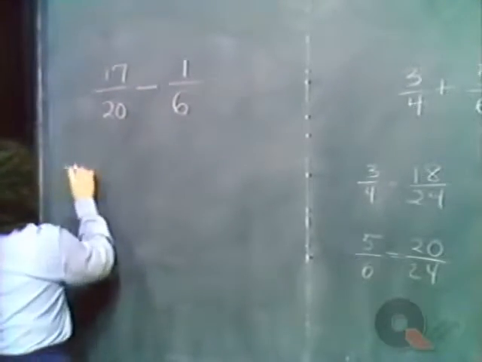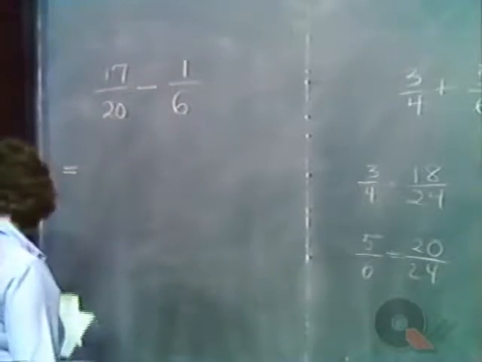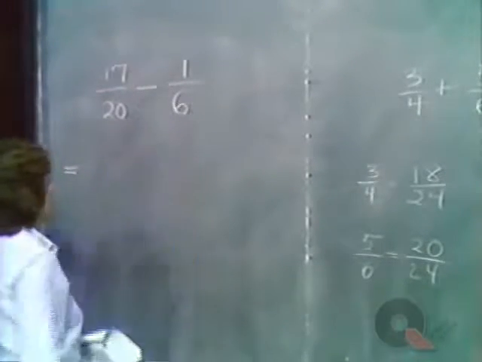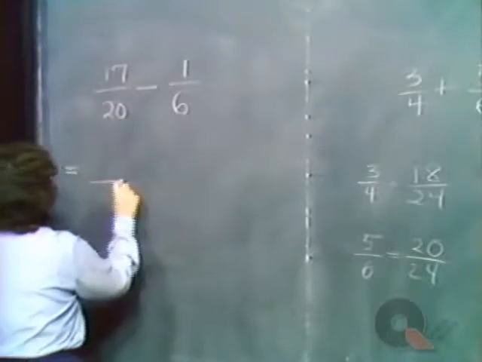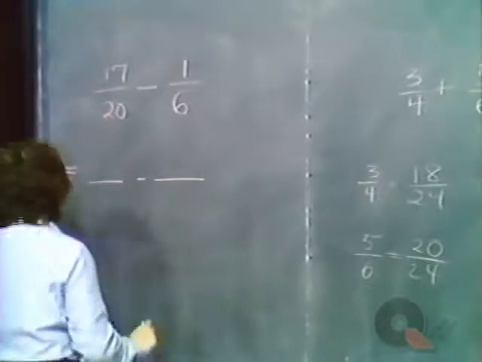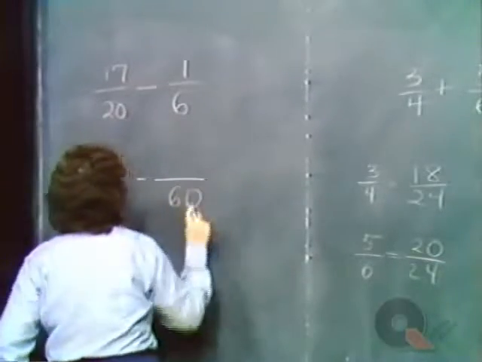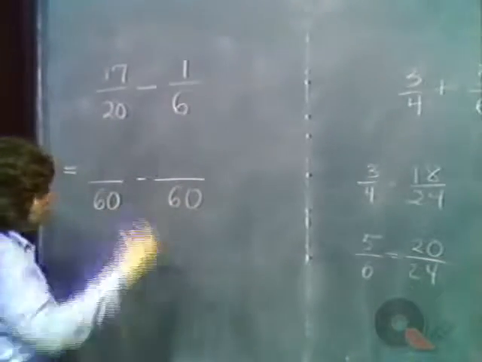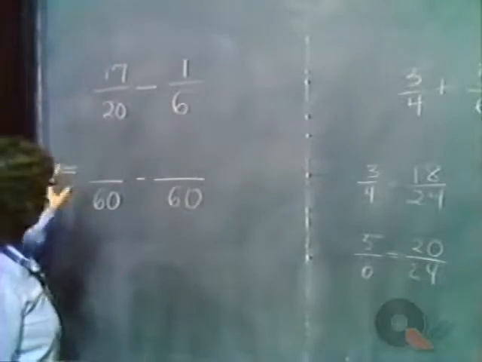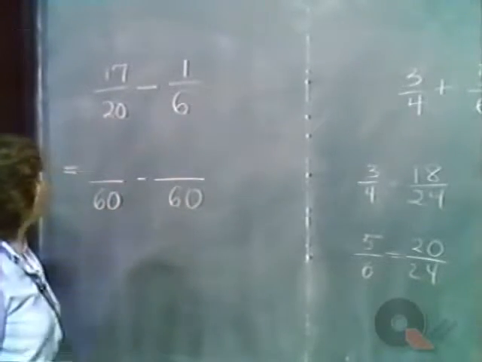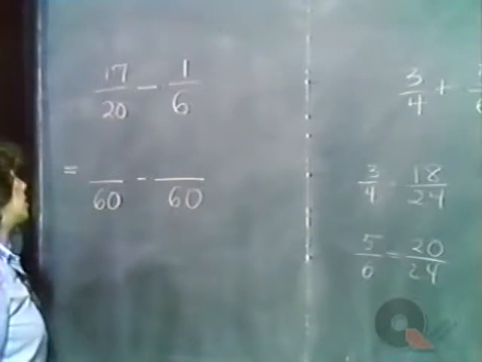We're going to combine over the lowest common denominator. In this case, the smallest number that 20 and 6 both go evenly into is 60. So we want to write this. You can do them separately the way we did in the other problems, or you can just say I'm going to build fractions equivalent to these having the denominator 60.